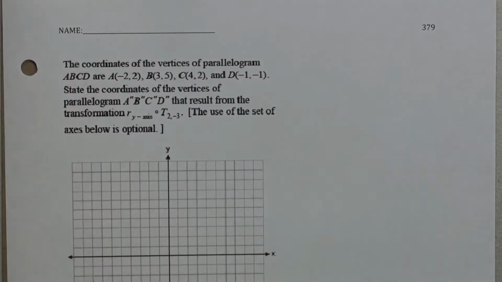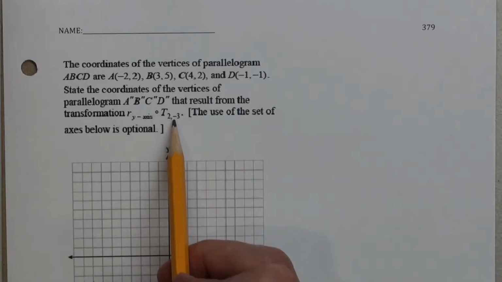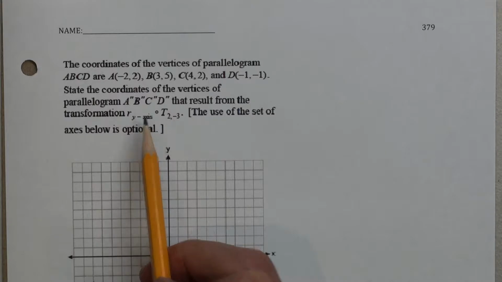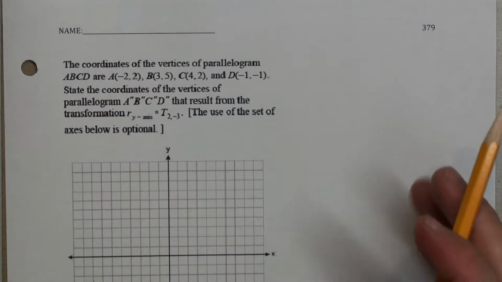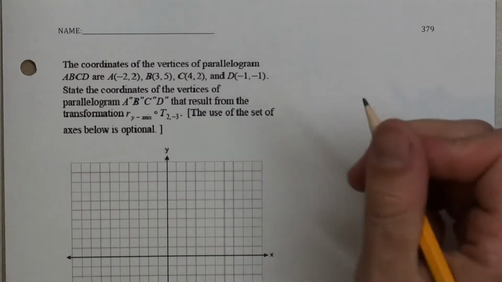We have a parallelogram. We want to state the coordinates of the vertices that result from the transformation: a translation of (2, -3) followed by a reflection in the y-axis. The use of the set of axes below is optional, so we're not going to use them because we don't need to. We know the rules.